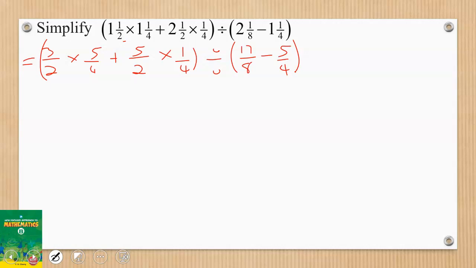Multiplication and division is in order. I mean, it comes first before addition. And so I can do this times that, right? So I have 3 times 5, 15, divided by 2 times 4, which is 8. Then plus, and I do the multiplication here too, which will be 5 on 8 as well.